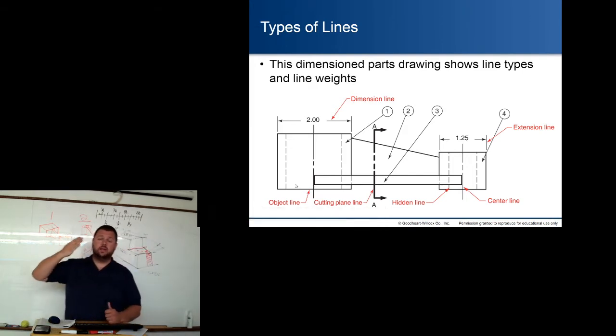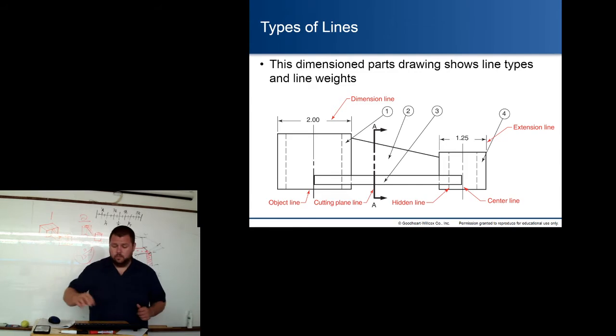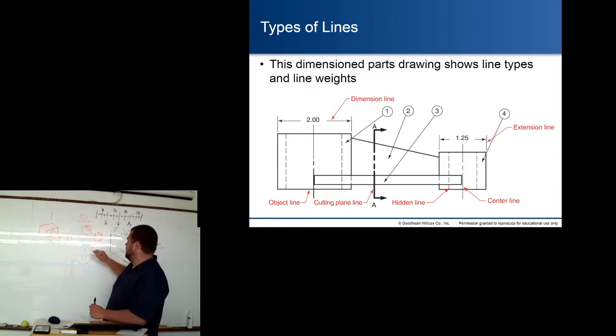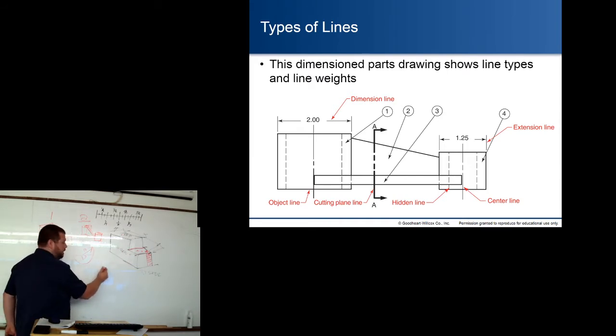It's not always a cutout. There's a feature that you cannot see. It could just be that the thing steps down internally, and what I mean by that is if it was something like this from the top. So if it was like this.